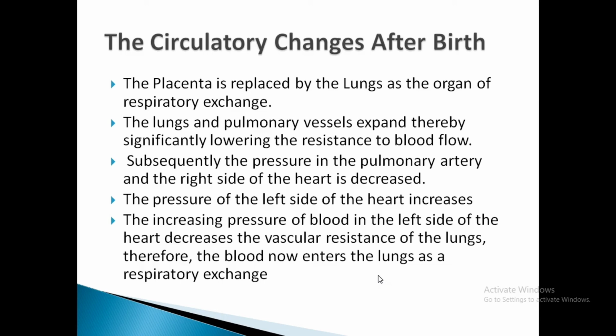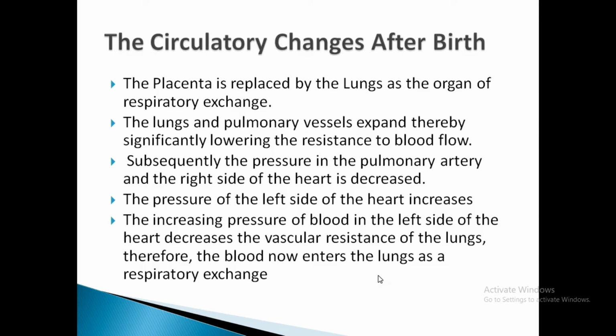The pressure of the left side of the heart increases, and the increasing pressure of the blood in the left side of the heart would decrease the vascular resistance of the lungs. And once this resistance decreases, the blood now enters the lung and acts as a structure for the respiratory exchange.